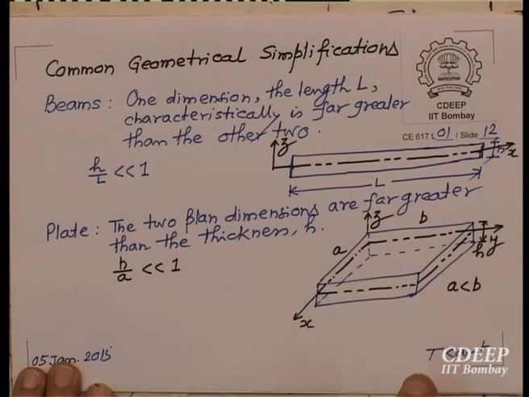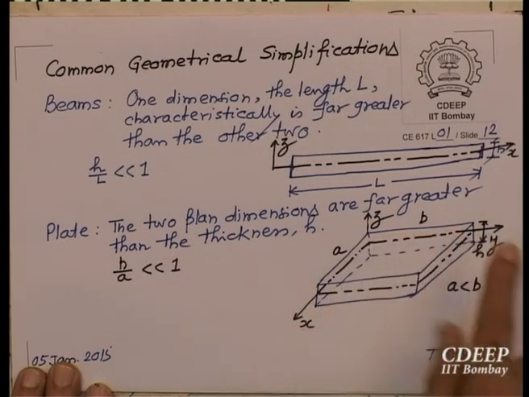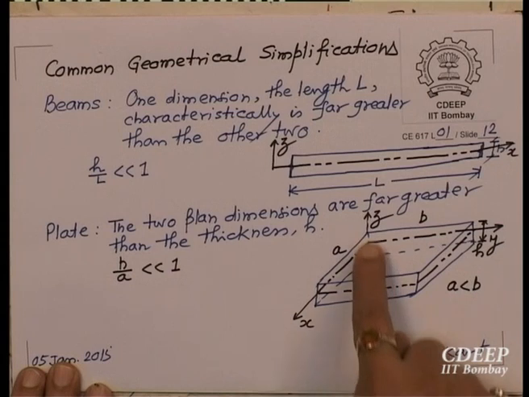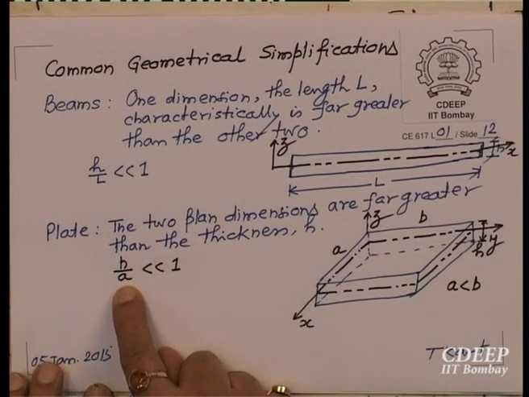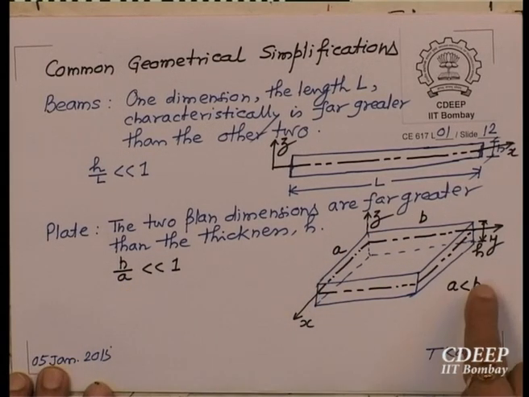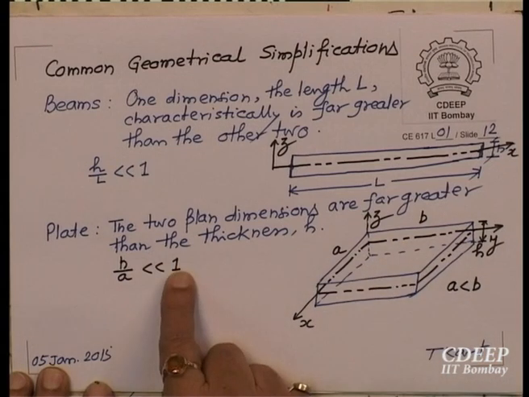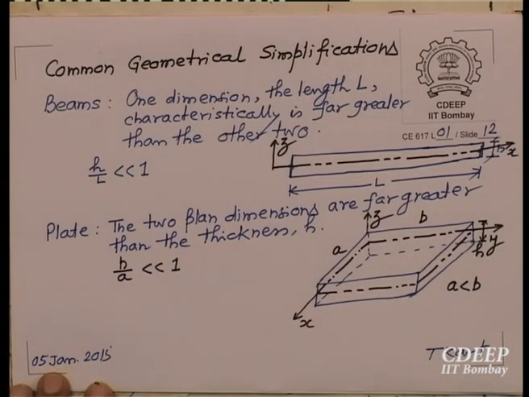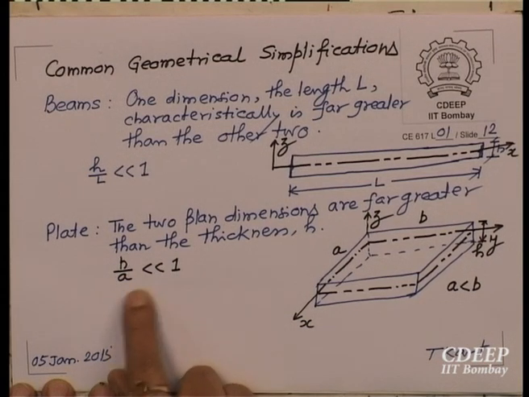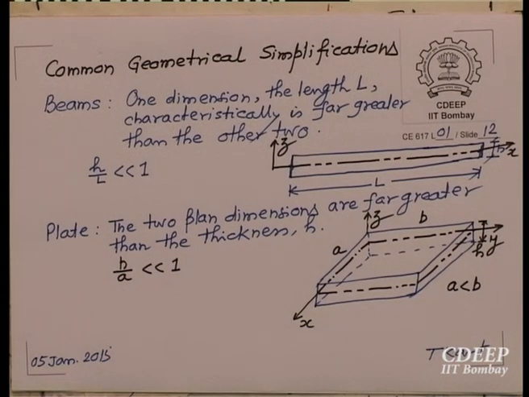Similarly in the plate, supposing you have A and B and thickness, one dimension is A and let us say A is less than B. So, you take the ratio H by A. Why am I taking H by A? Because anyway B is bigger. So, the ratio you want is less than unity. So, H by A less than unity, then we will call it thin.